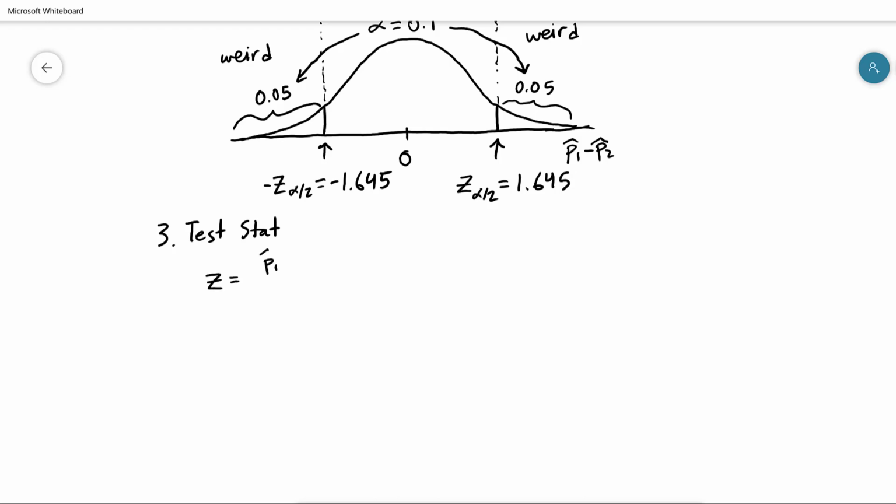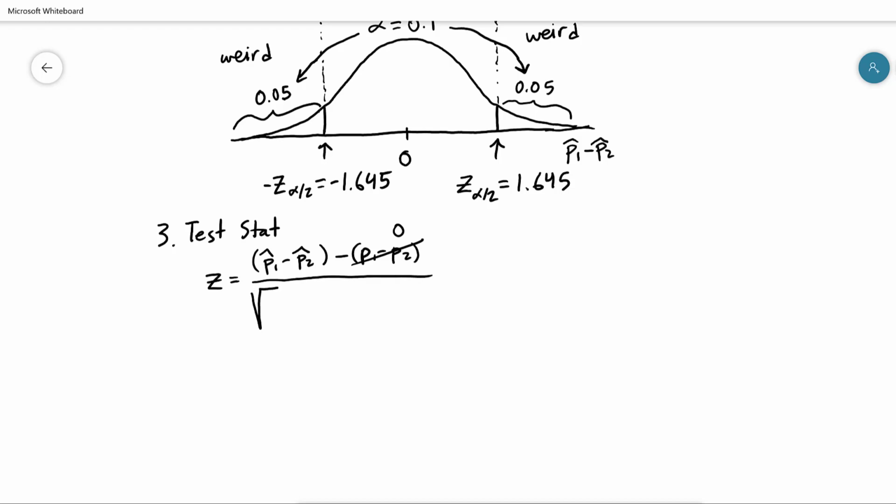It's P1 hat minus P2 hat minus the difference between P1 and P2, which we already know this difference, according to the null hypothesis, is 0. So I'm not even going to bother to include that in the next part of the formula.